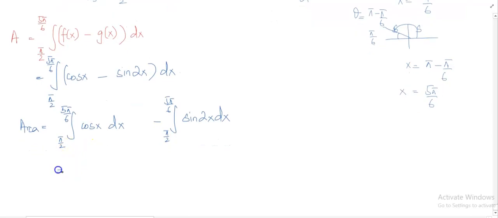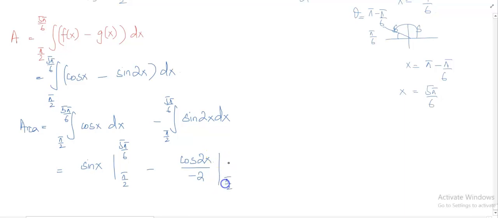Now when I integrate cos of x, the integration of cos of x is given as sine x, and obviously the limits are pi by 2 and 5 pi over 6. Similarly, if I look up here, it becomes cos 2x divided by negative 2, because the integration of sine x is negative cosine x, but there is an angle as well which is 2x, so I'll differentiate that and put that in the denominator.